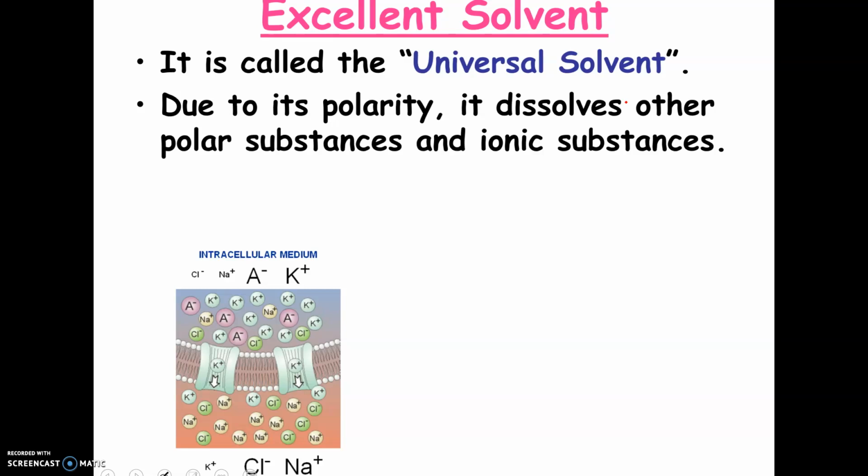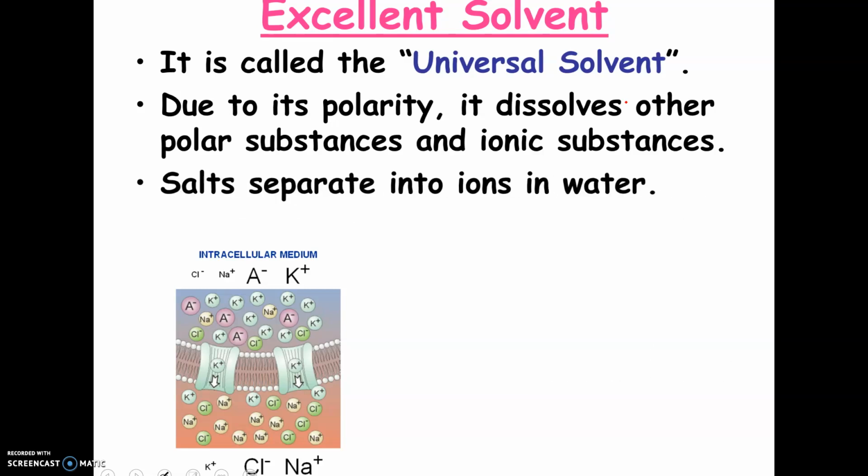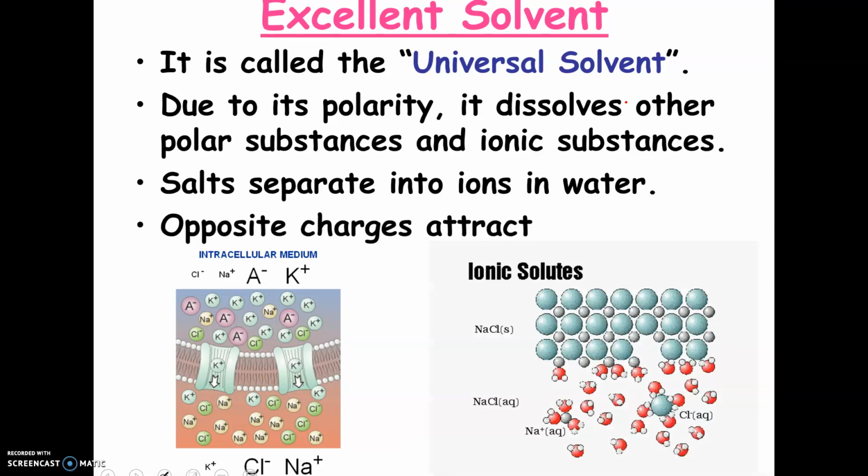Why is that? There's this rule that like dissolves like, which means that things that have charges like to dissolve other things that have charges. And since water has partial charges, being polar, it's going to dissolve other things that have these similar partial charges, and it's also going to dissolve ionic substances that have full charges.